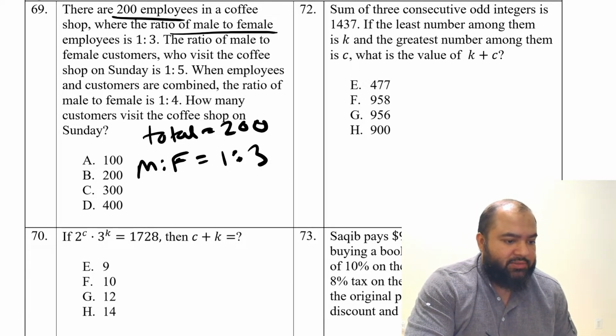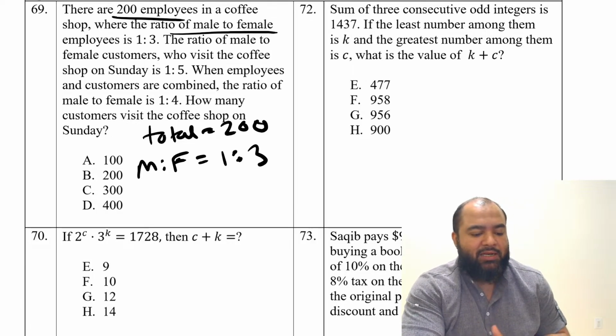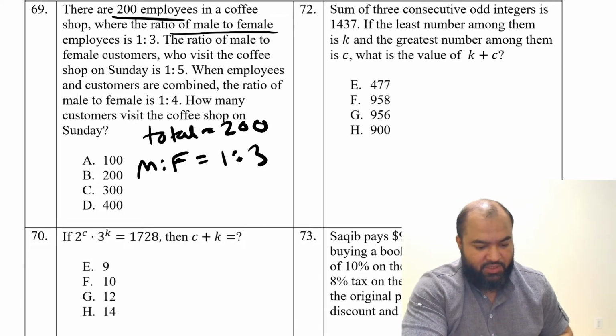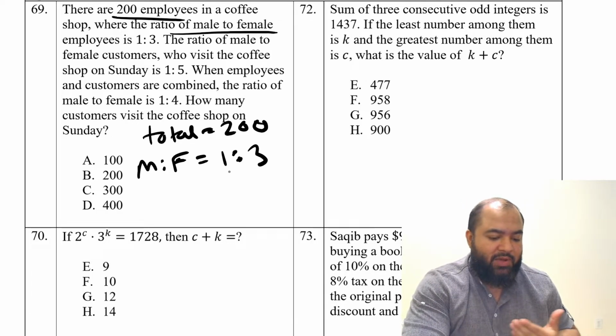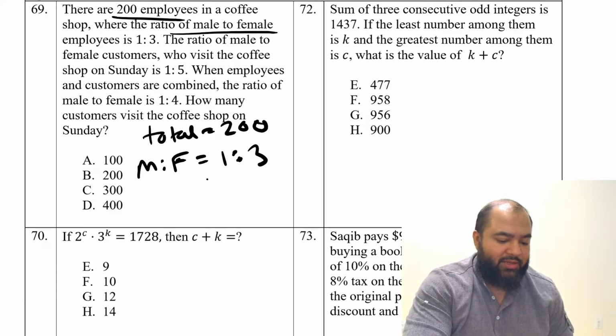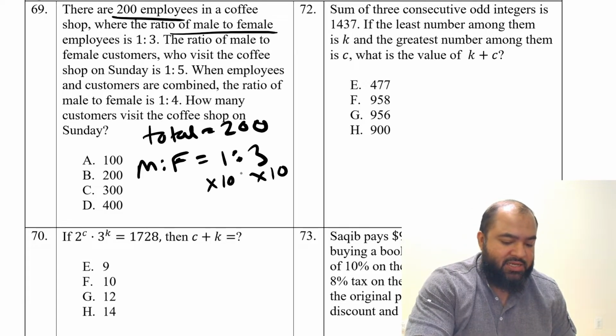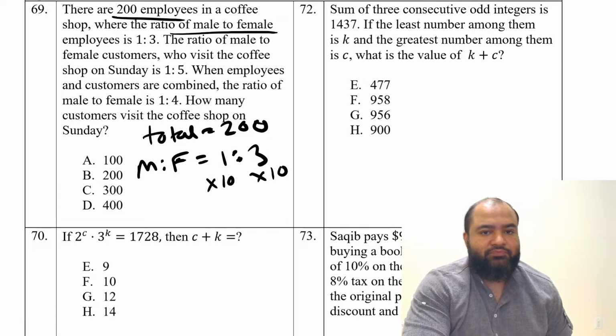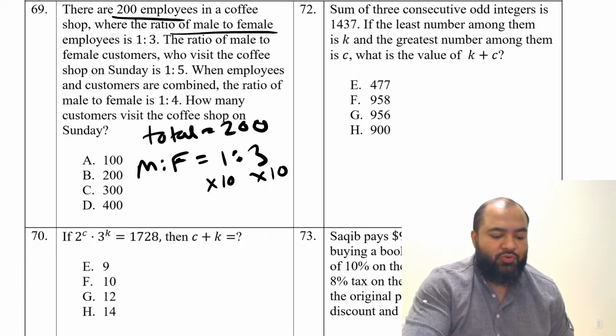Okay, Yogi got a 300, let me check it out. So 200 is the total employees, male and female is 1 to 3, but when I add 1 plus 3, it does not become 200. So I have to see what I multiply by to get 200. I can multiply this by 10, so there's 10 to 30. 30 and 10 does not add up to 200 either.